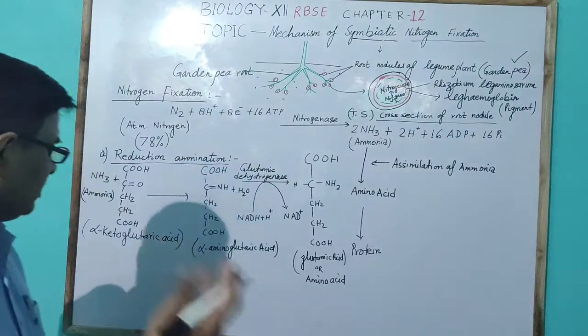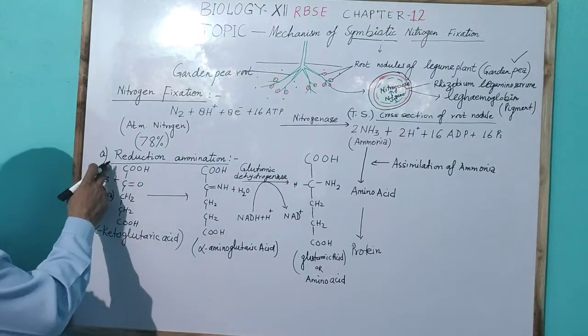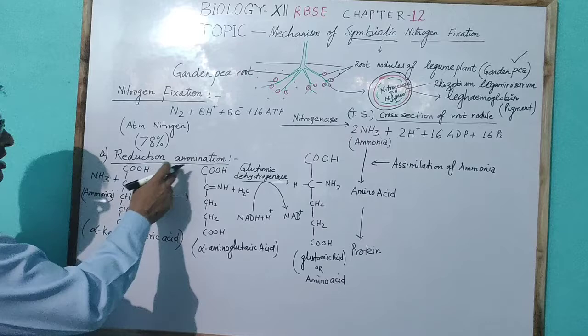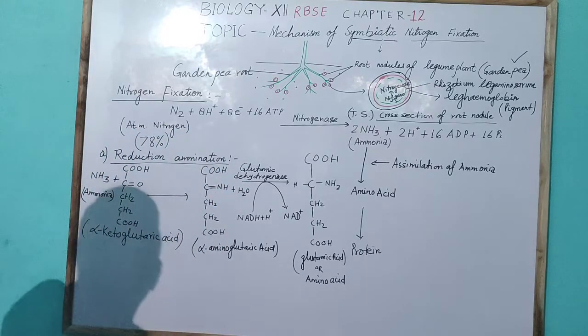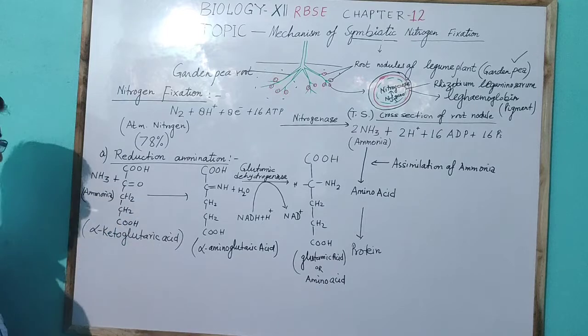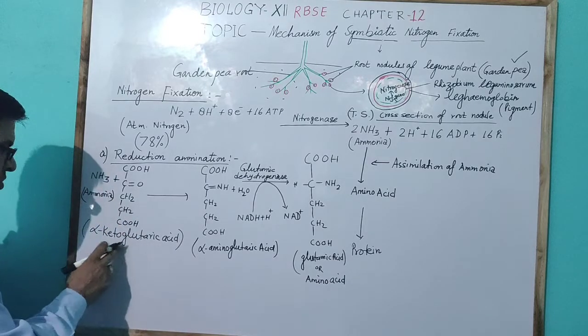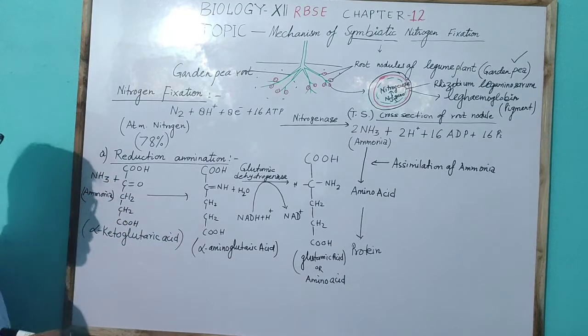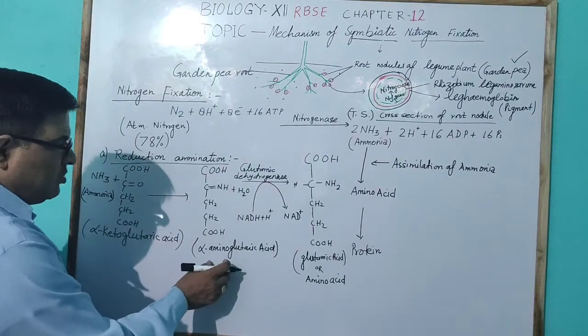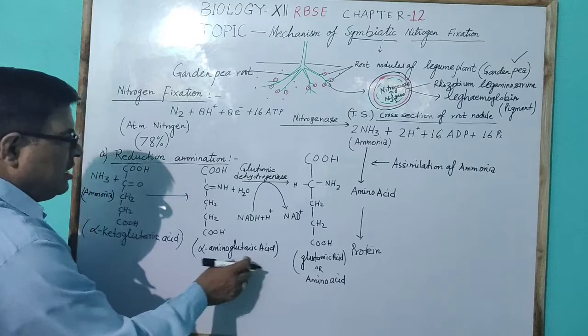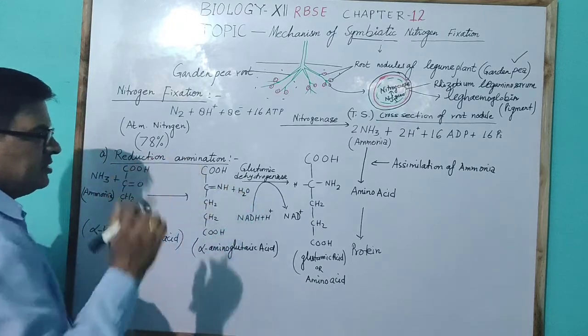Two methods apply. First method is reductive amination, in which first of all ammonia combines with alpha ketoglutaric acid. Then alpha aminoglutaric acid is produced and a water molecule is liberated.